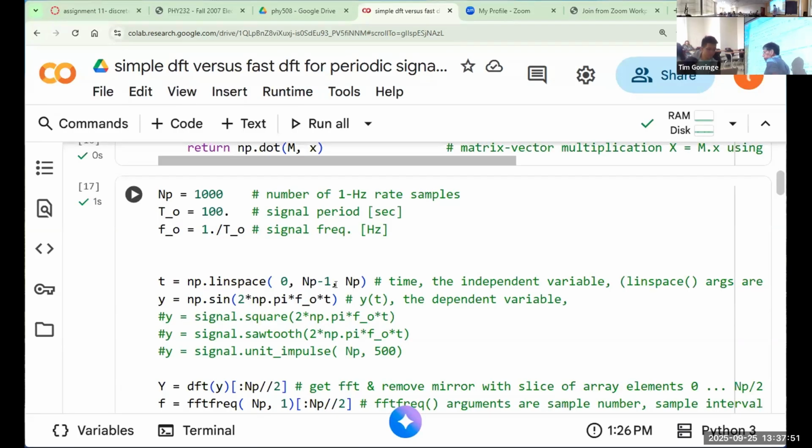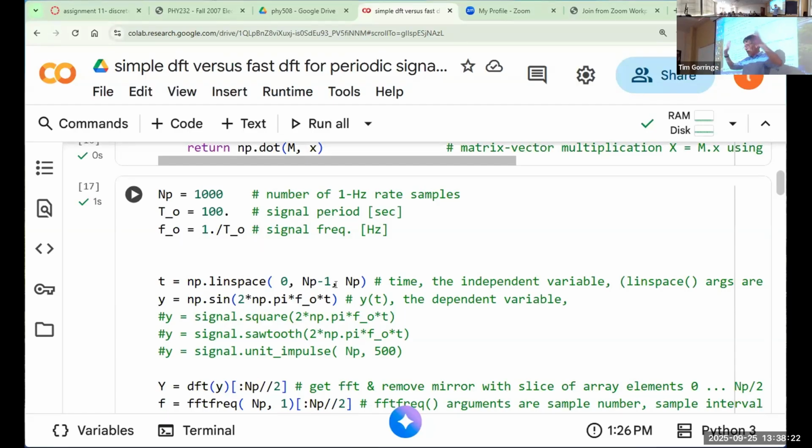So I'm going to generate a few different periodic signals, and then I'm going to do a Fourier transform with my code, and we'll see if we can understand the Fourier transform of these periodic signals. I'm going to define a couple of quantities here. All of them, I'm going to take 1,000 samples. So NP is the number of data points, the number of samples. T_0 is the period of the data.